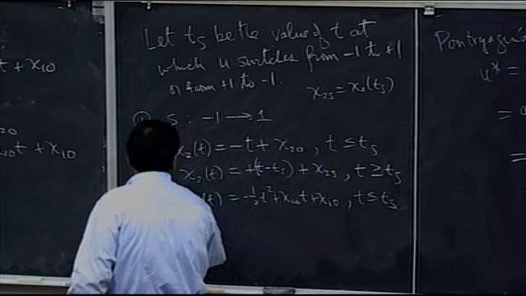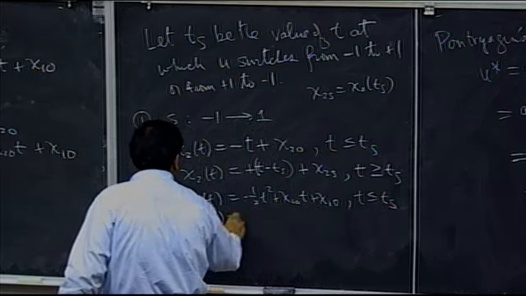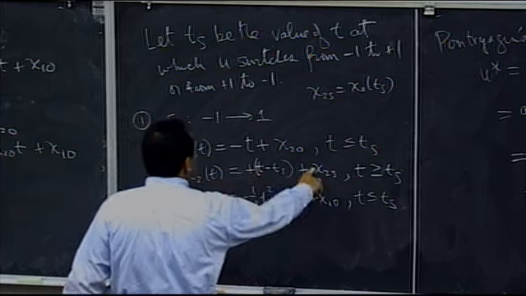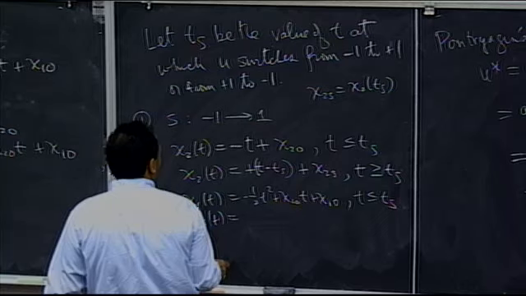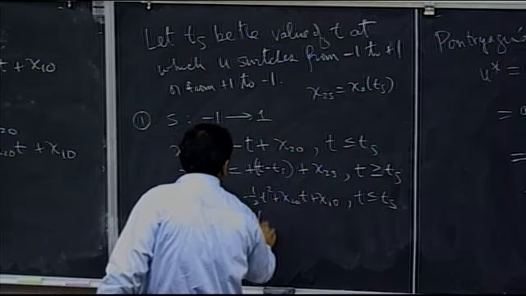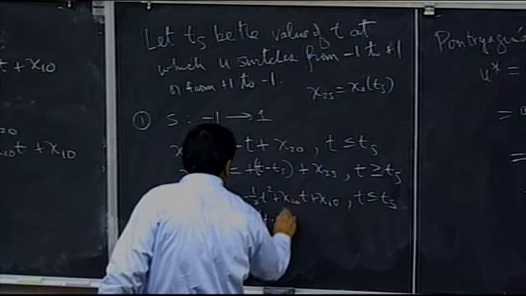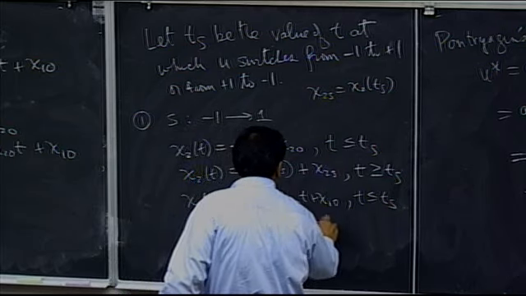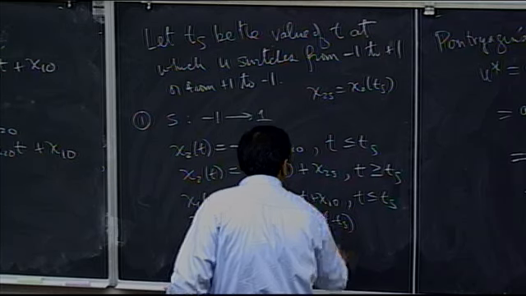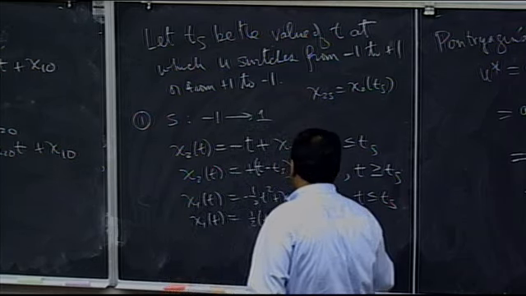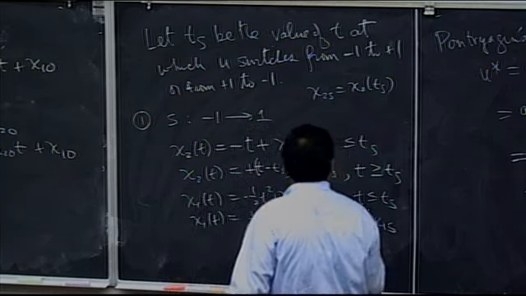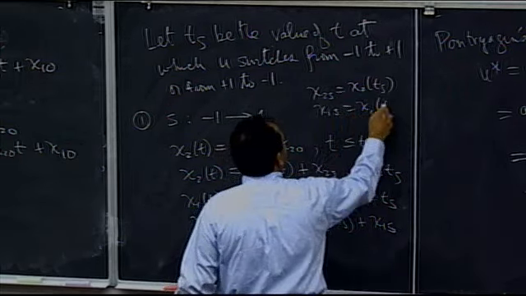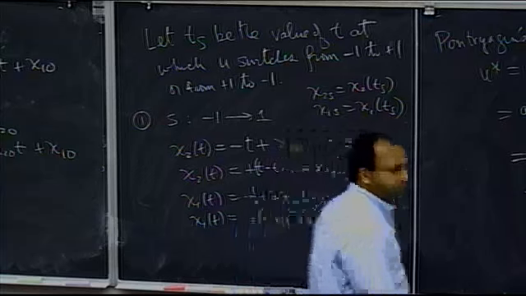And then x1 of t is going to equal, now you're integrating this across to the next, so you get 1/2 t minus ts squared, plus x2s times t minus ts, plus x1s, where x1s is equal to x1 at the switch point.